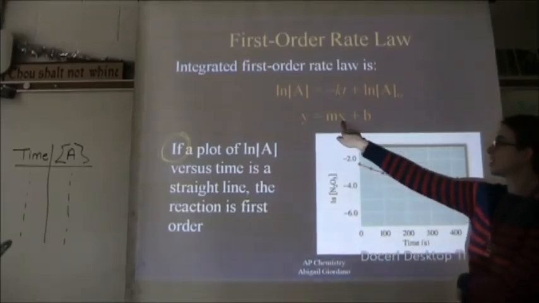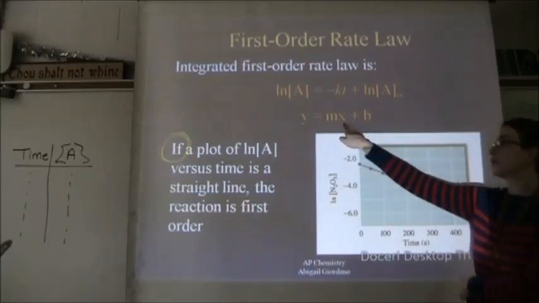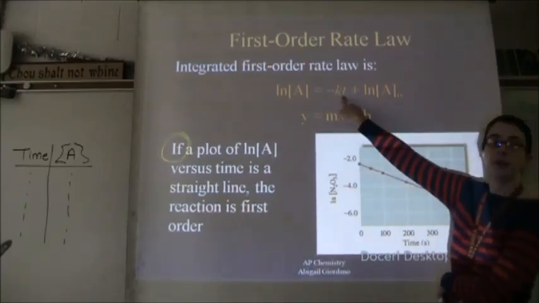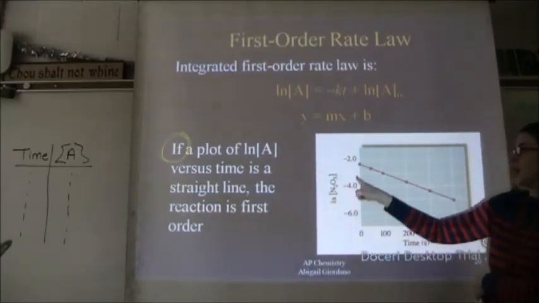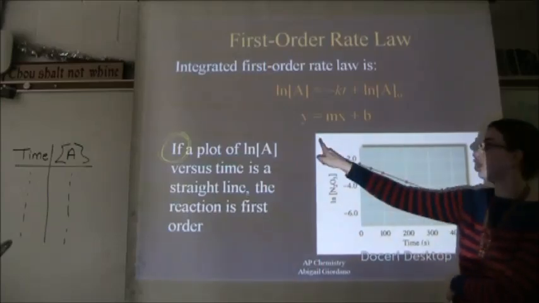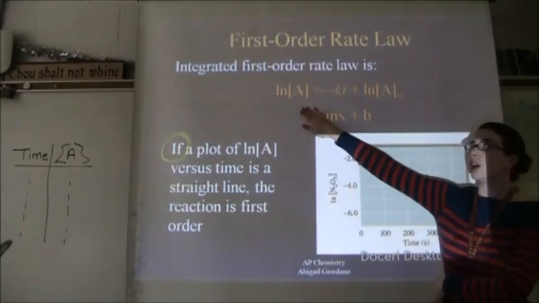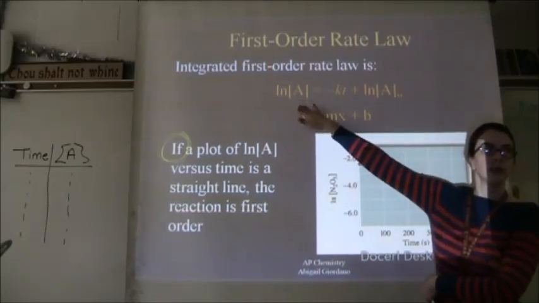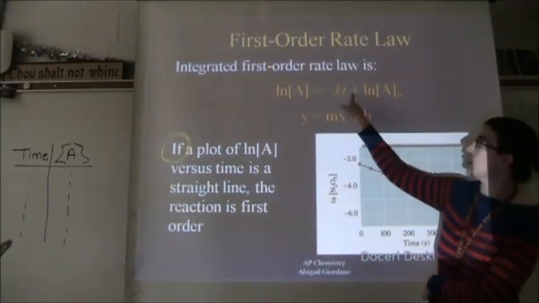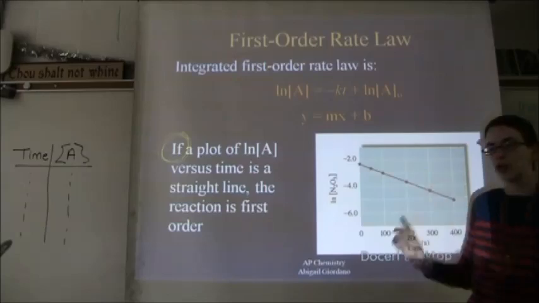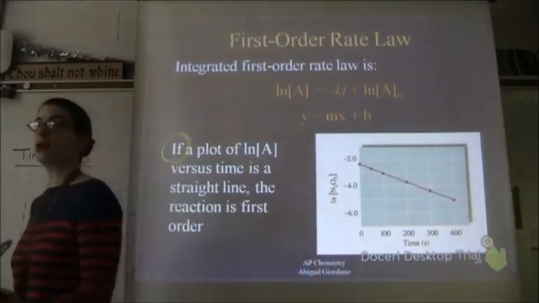What's on the x-axis? Well, what's in place of x? Time. What's on the y-axis? Don't memorize it. What's in place of y? The natural log of the concentration. And this equation is on your equation sheet. There's nothing to memorize here.